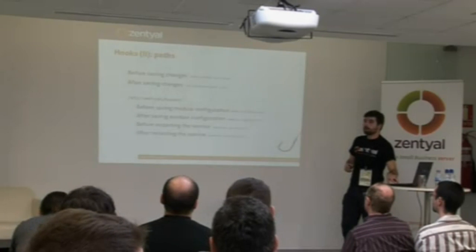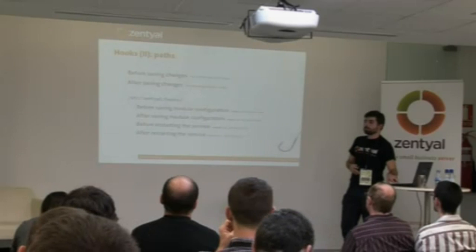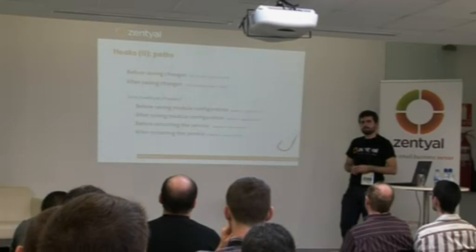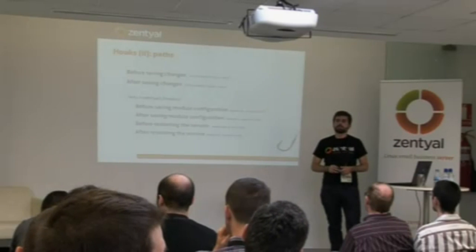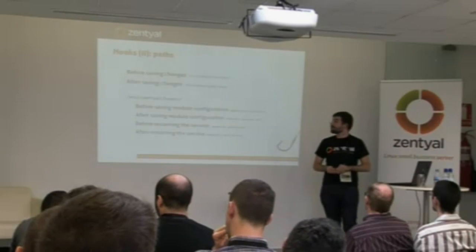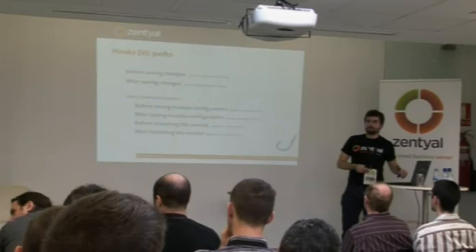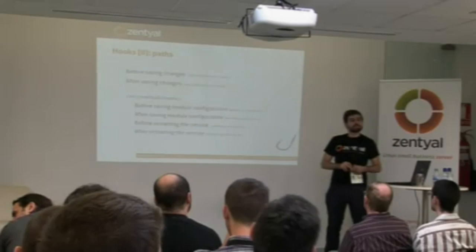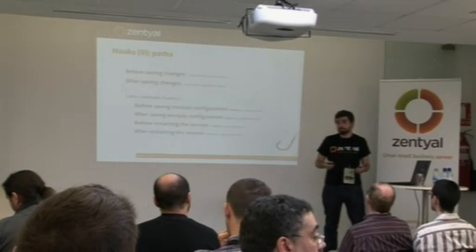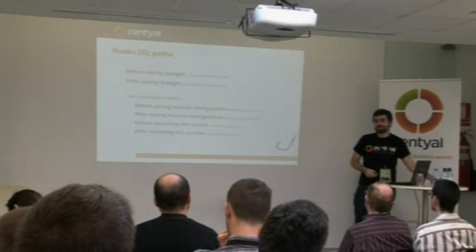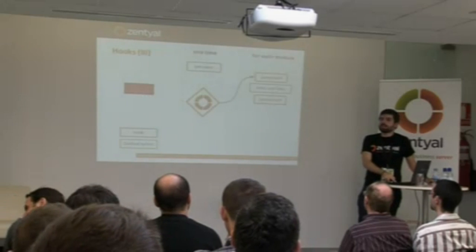So samba is the name of a Debian package, and I don't think firewall is the name of the Debian package. The name of the package is zentyal-firewall. But for hooks, you can use the name you want.